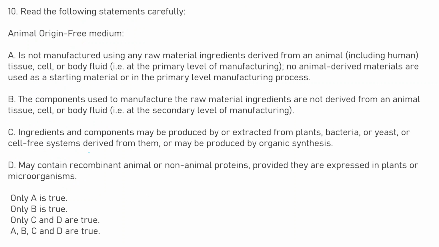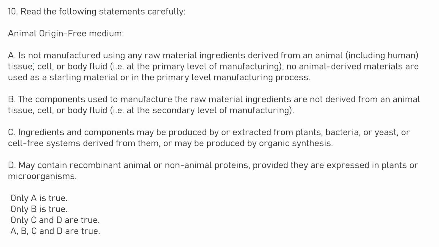So next question. This question is somewhat similar to what we discussed in the previous lecture. We discussed xeno-free medium, right? Xeno-free means animal-free medium, and this is also somewhat the same thing: animal origin free medium. So the answer lies in the name itself.